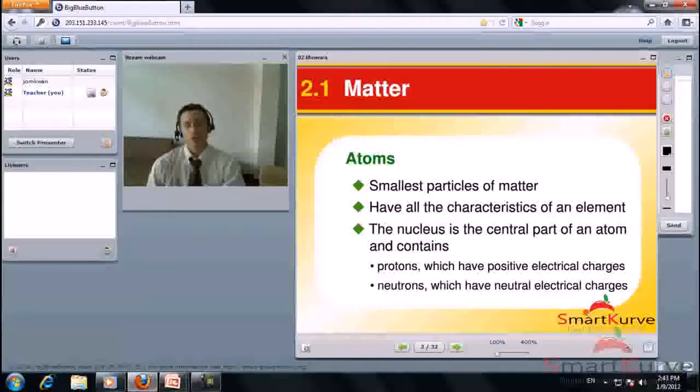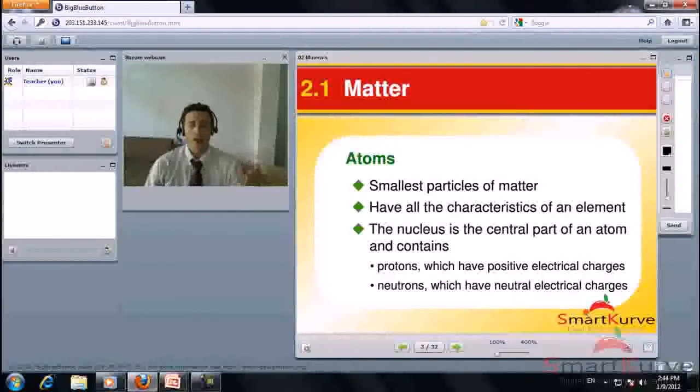We have our protons with positive charges, neutrons with neutral charges. I know it's difficult to understand this concept of charge, but what is important to take from this is that two particles with opposite charge will be attracted to one another.